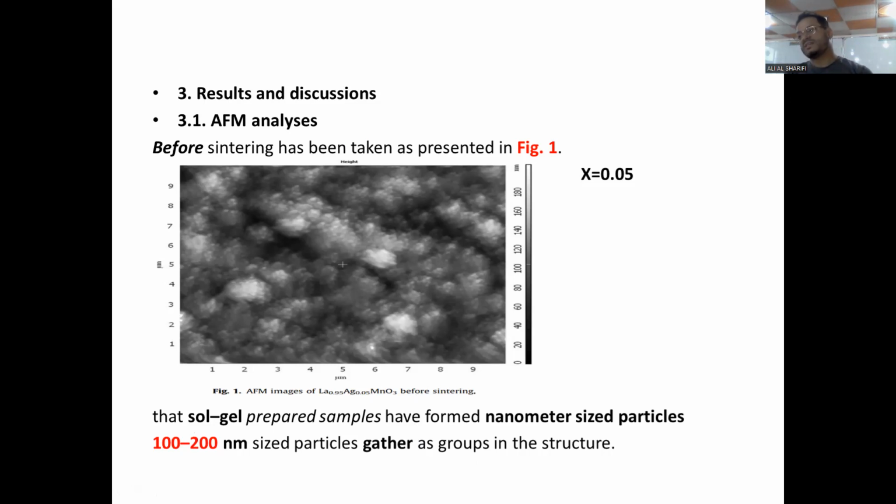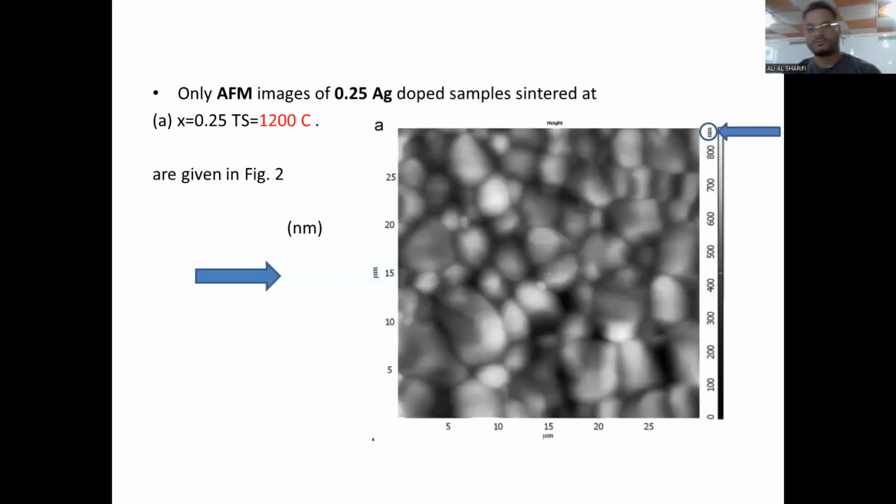And you will see in the next images this number will change by increasing the sintering temperature, and will change or not with the doping ratio.